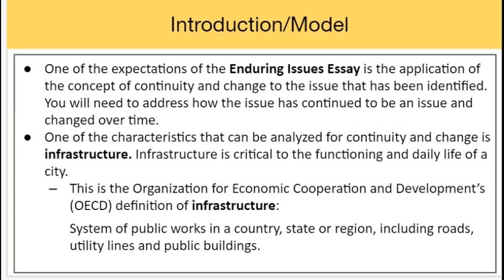Now, if you look at this lesson in Unit 5, Day 8, I guess we were on the right track because it says one of the expectations of the enduring issue essay is the application of the concept of continuity and change, which we're going to look at in the next video. And they say that a characteristic that can be analyzed for continuity and change is infrastructure. Infrastructure is critical to the functioning and daily life of a city, and they give you an official definition of infrastructure.